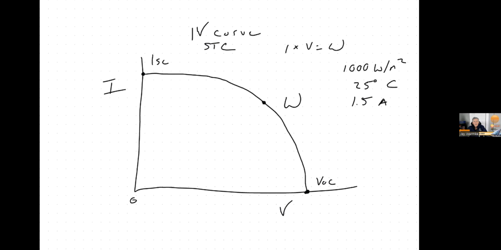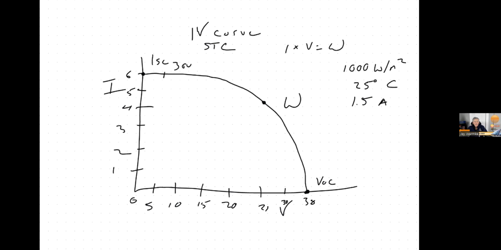And if you think about it, if we were to put numbers here, let's say that's 5, 10, 15, 20, 25, 30, 35, and this is 1 amp, 2 amps, 3 amps, 4 amps, 5, and 6. All right, so how many watts? Well, 6 times 0 is 0, so nothing here at ISC. If I move out to here, now it's going to be 5 times 6, about 30, so about 30 watts.